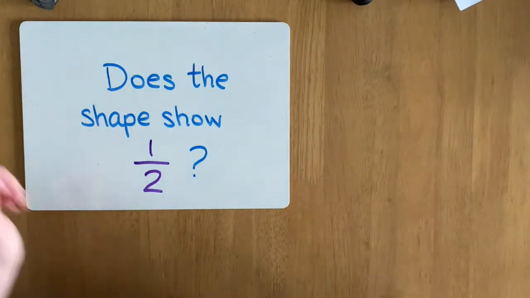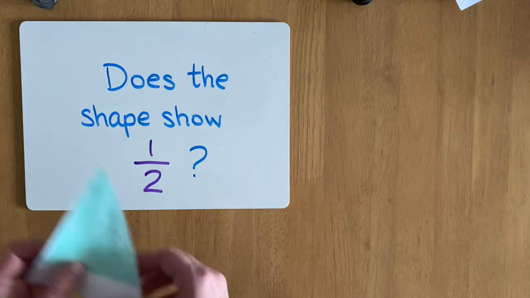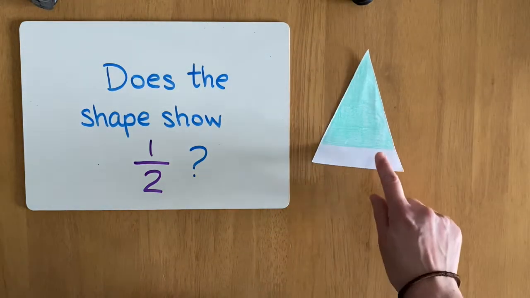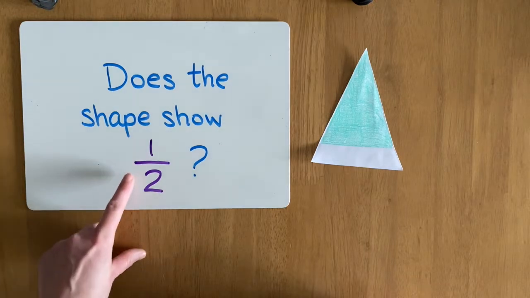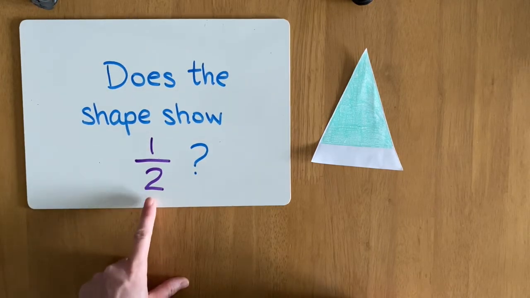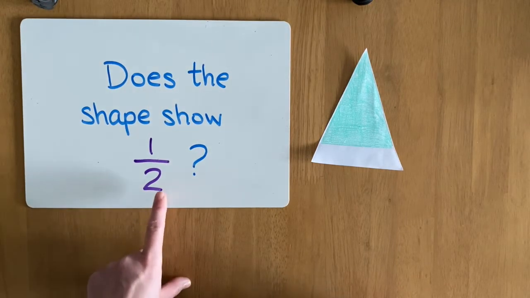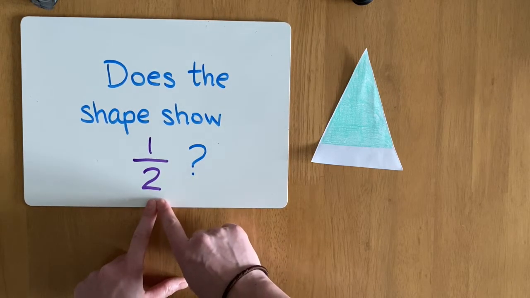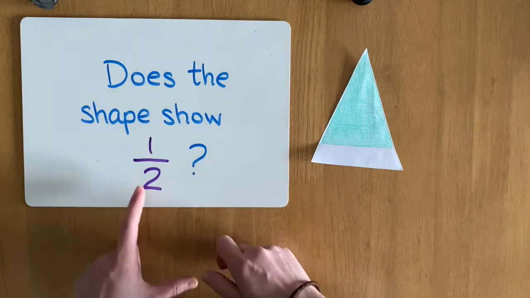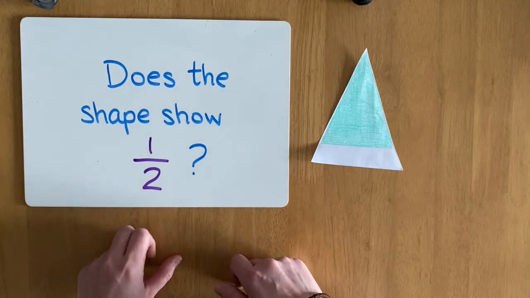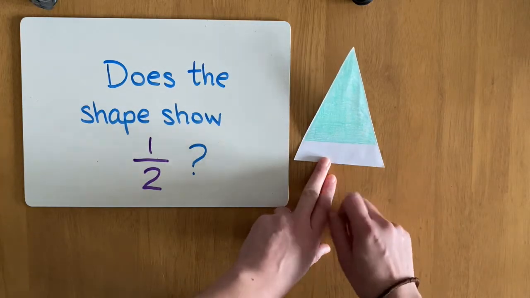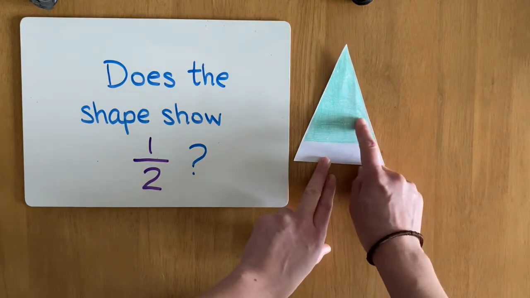Let's try another one. Does this shape show 1/2? Let's think about what 1/2 means. We split it into 2 equal parts and we hold, or color in, one of those parts. Here, our triangle is split into 2 parts and we've colored in one part.